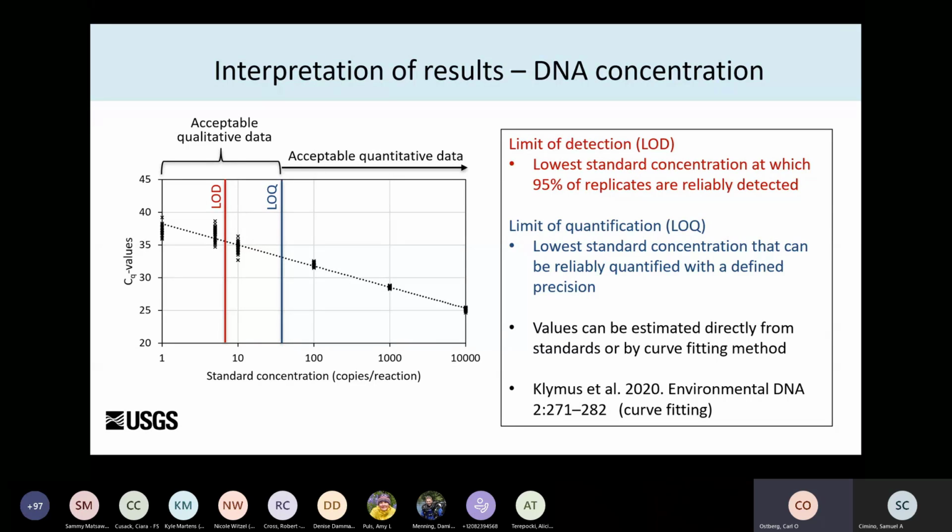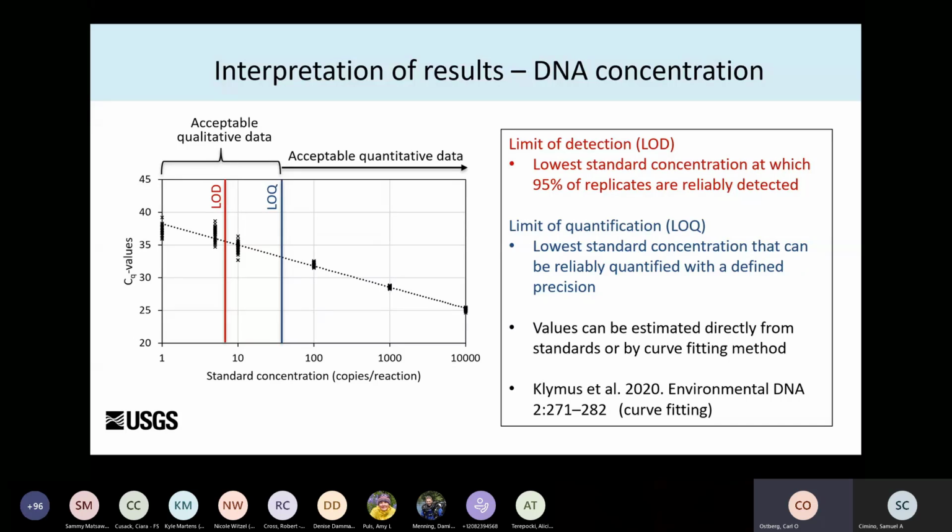DNA concentrations that fall below the LOQ may be considered unreliable because there's too much variation among the replicates, but the results are totally acceptable as qualitative data, like a detection, non-detection, or plus minus, or whatever you want to call them. The LOD and LOQ need to be determined for every target species, and they may vary between labs, so they should be figured out at each lab that's using these markers.